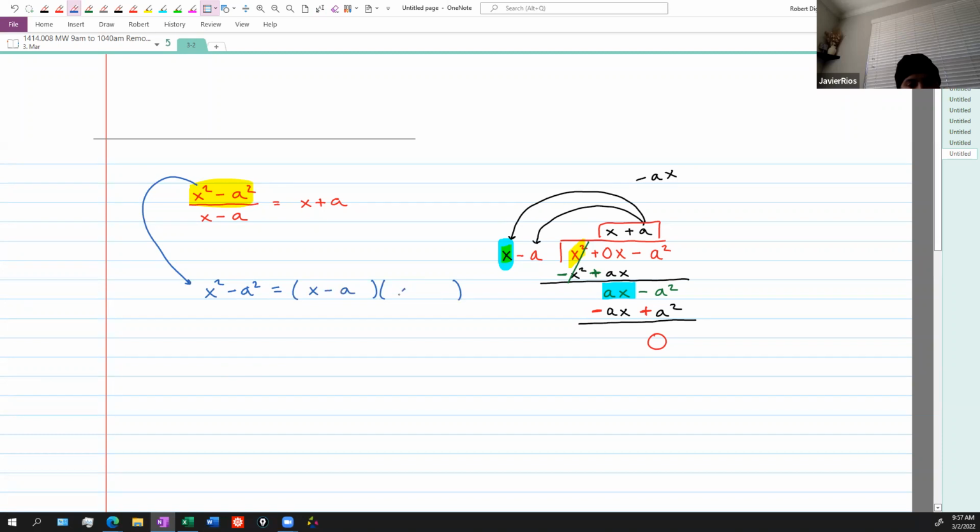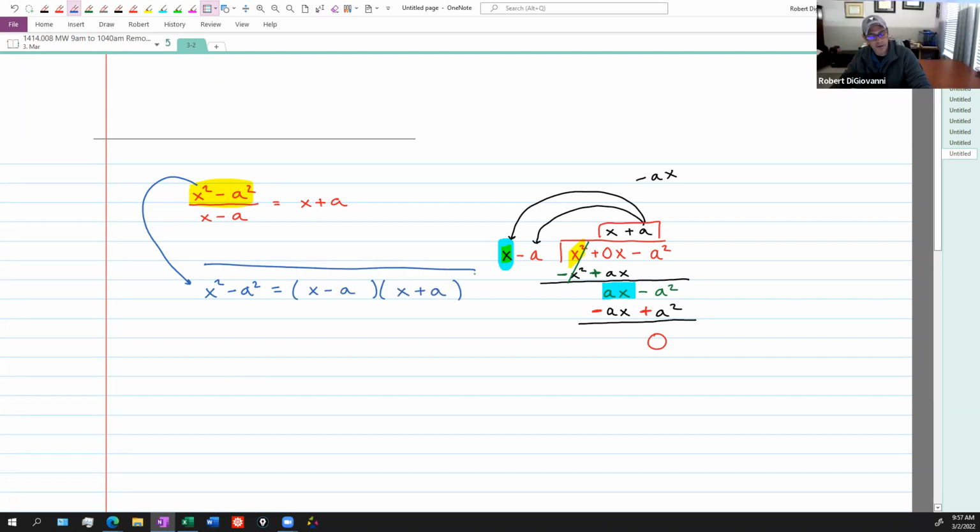Yeah. Do you recognize this? This is the difference of squares formula, right? When we factor a difference of squares, we use this formula. I'm just showing you with long division why that is. I'm confirming that it works.